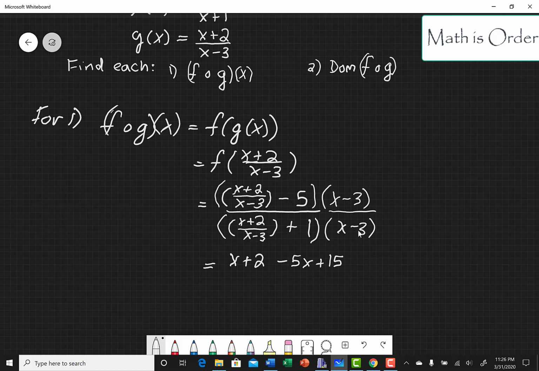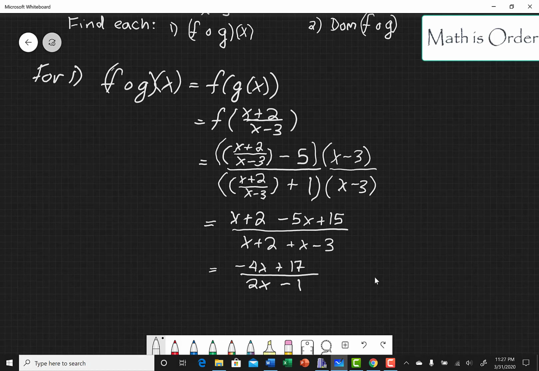And then I'm multiplying x minus 3 to 1. So this is going to give us x plus 2 plus x minus 3. And now just cleaning it up a little more, this is going to give us negative 4x plus 17 over 2x minus 1. All right, and that is our final answer.